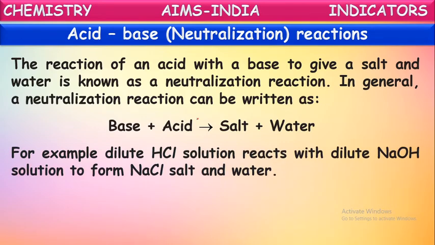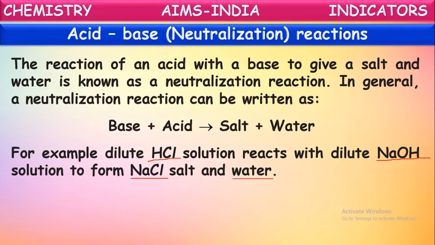For example, dilute hydrochloric acid solution reacts with dilute sodium hydroxide solution to form sodium chloride salt and water. Here, the acid, hydrochloric acid, reacts with the sodium hydroxide base and forms sodium chloride salt and water as products.